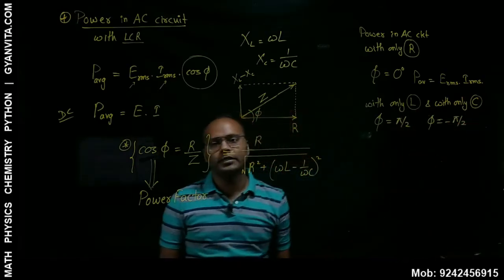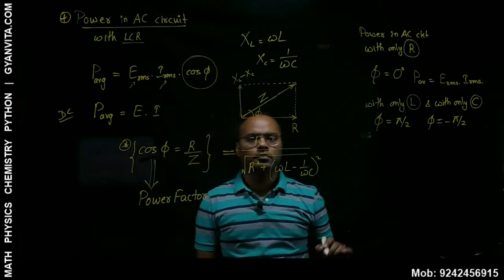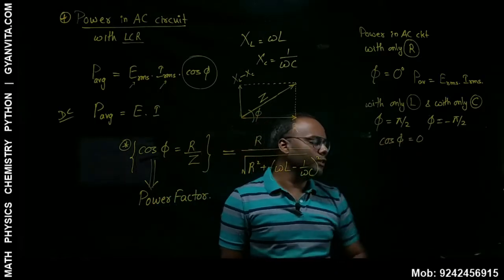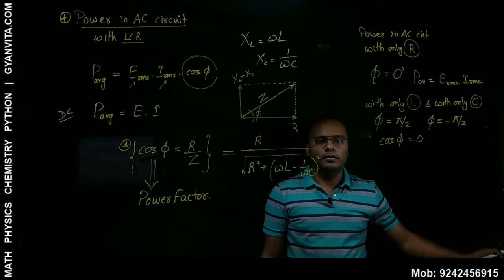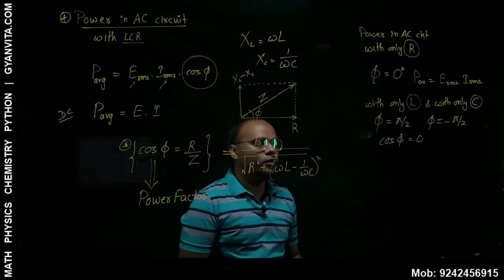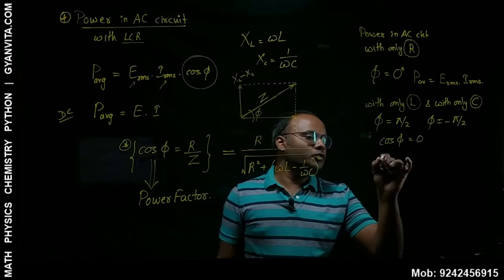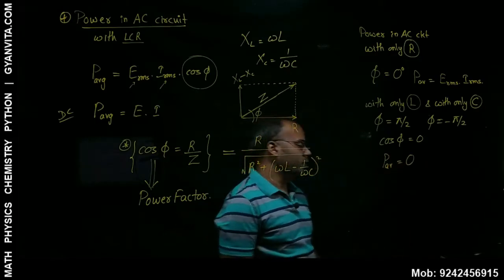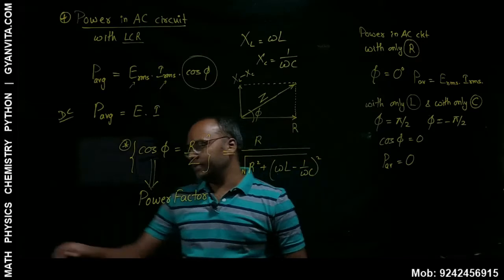In both the cases, cos phi will be what? Cos phi will be equal to 0 in both the cases, right? I hope you know this. So in these two cases, the average power will be equal to 0.